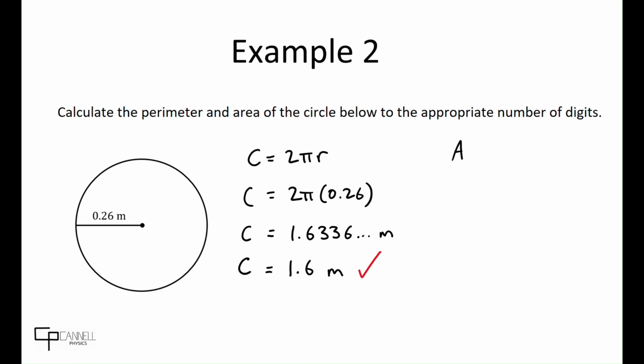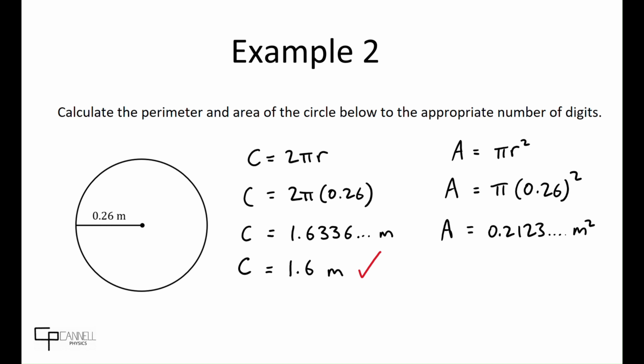The area of a circle is pi r squared. And plugging this in and typing it into our calculators, we get 0.2123, etc., square meters. Now, in a very similar way, we can see that r is the only variable that could possibly affect the number of digits.